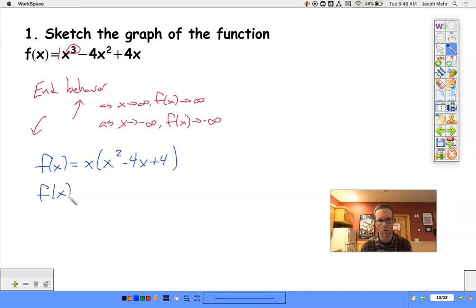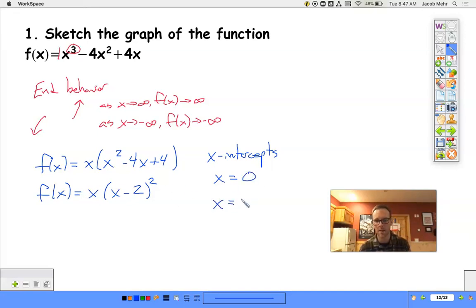Now, can I factor what's remaining? Yes, I can. Notice this is x minus 2, or x minus 2 squared. So what are my x-intercepts? This one would give me an x-intercept of 0.